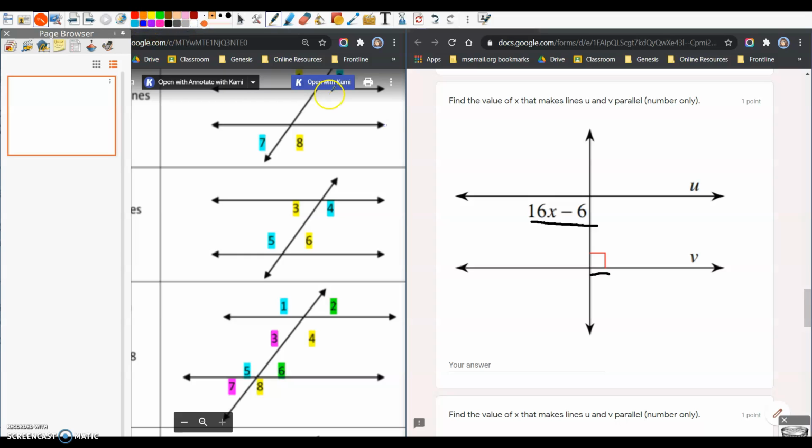Let me write it in blue. So you would do 16x minus 6 is equal to, and when you see this box, it means 90 degrees. 90 degrees. And then you would solve for x, which I know you know how to do. So that's how you would do something like that.